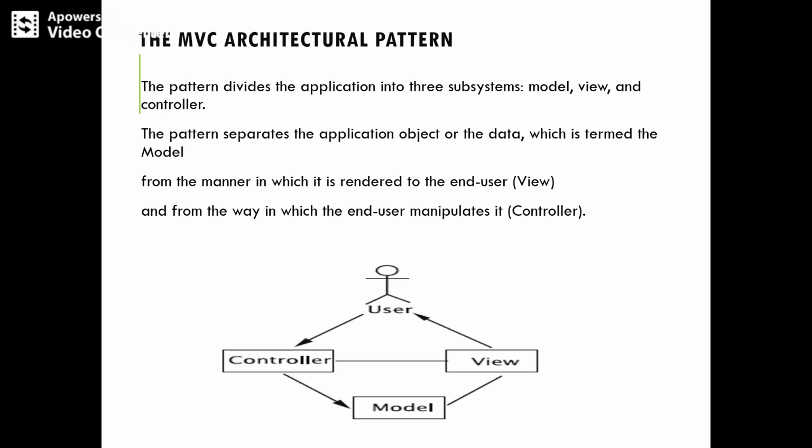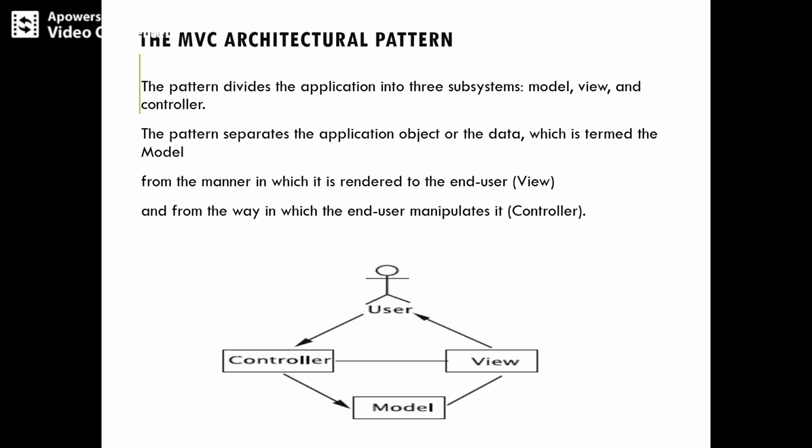So this model is an application object, for example a Word file or Excel file or whatever it is, where we can modify or add data, delete, insert, whatever we can do.